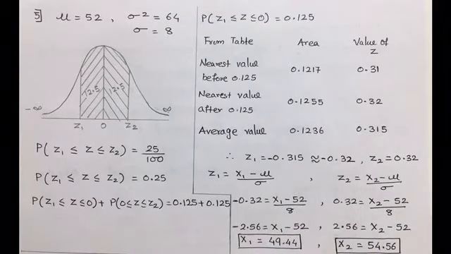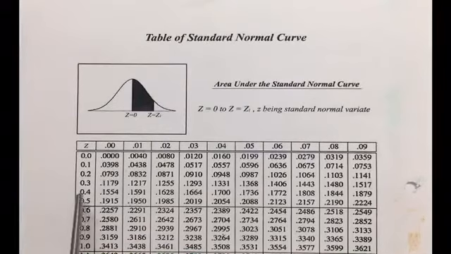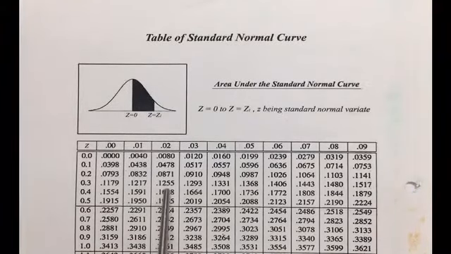So taking from the table, 0.125 comes between 0.1217 and 0.1255. So that gives a Z score as the average of 0.31 and 0.32.